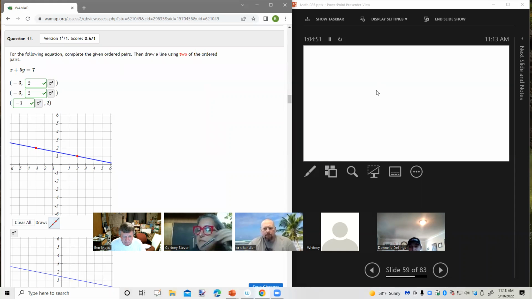They ask you to find the average rate of change of G of X equals 4X plus 5. But then they also give you 2 ordered pairs of -2, -3, and 2, 13. Basically, where you find the slope.